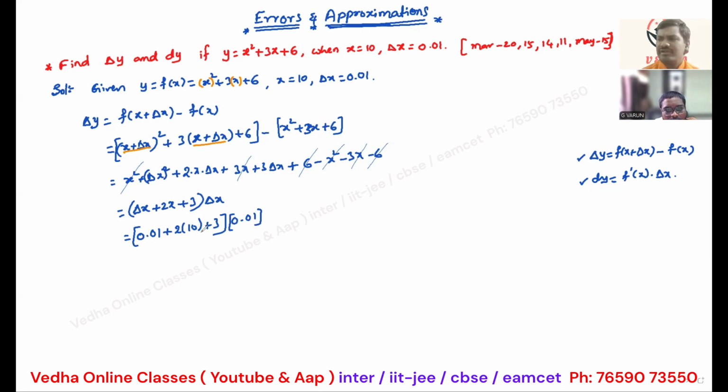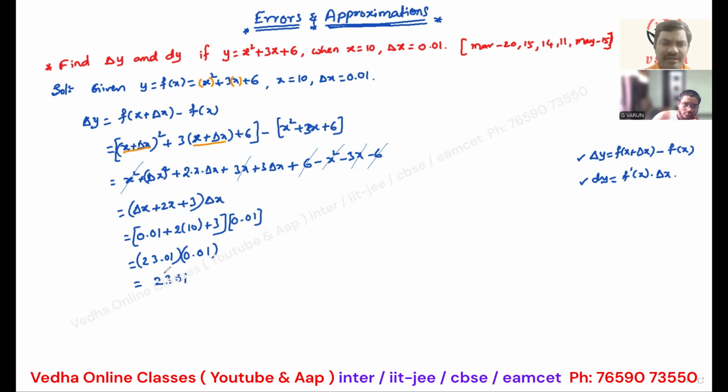2 into 10 is 20, 20 plus 3 is 23. So 23.01 into 0.01. Here we have to multiply 23.01 into 1, which gives 23.01 only.